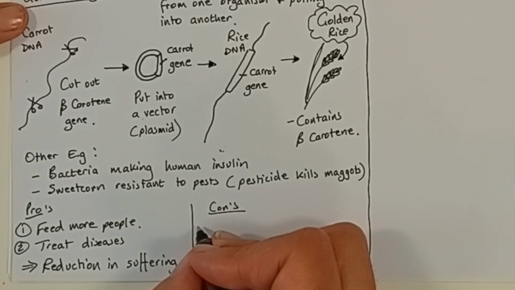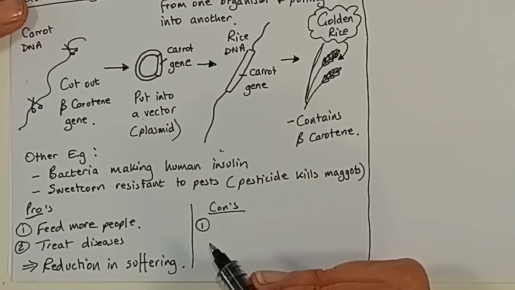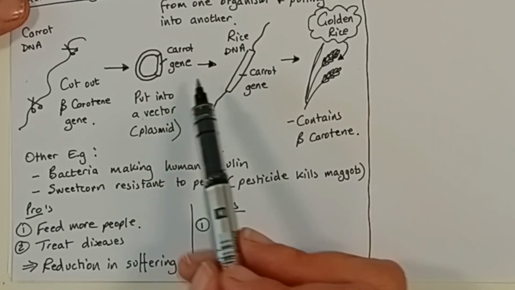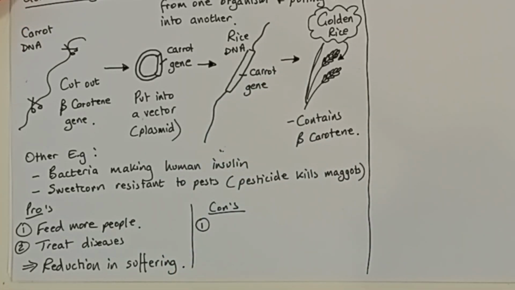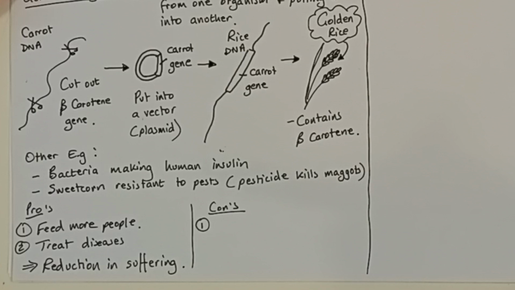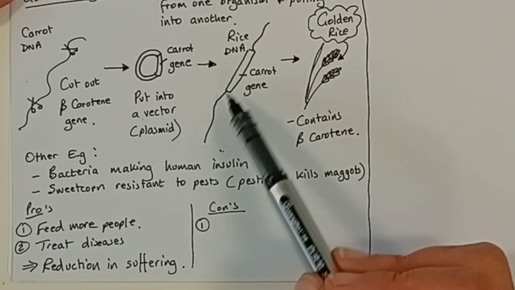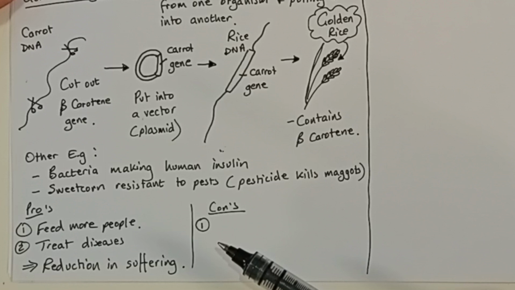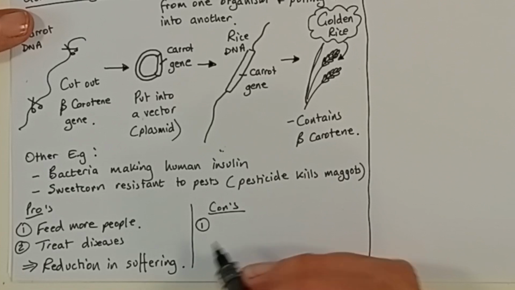The problems are, though, that especially in plants, these genes could escape. So because this carrot gene is in the rice DNA and therefore will be in the rice pollen that gets blown on the wind, that carrot gene could go and pollinate a different plant, and that gene could escape, which is fine in the case of carrot genes, but if it's in the case of a pesticide, for example, it's going to affect insect populations.